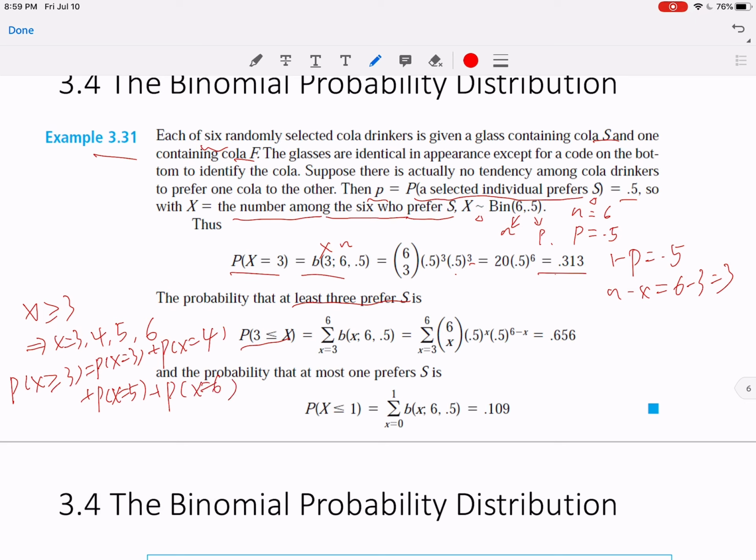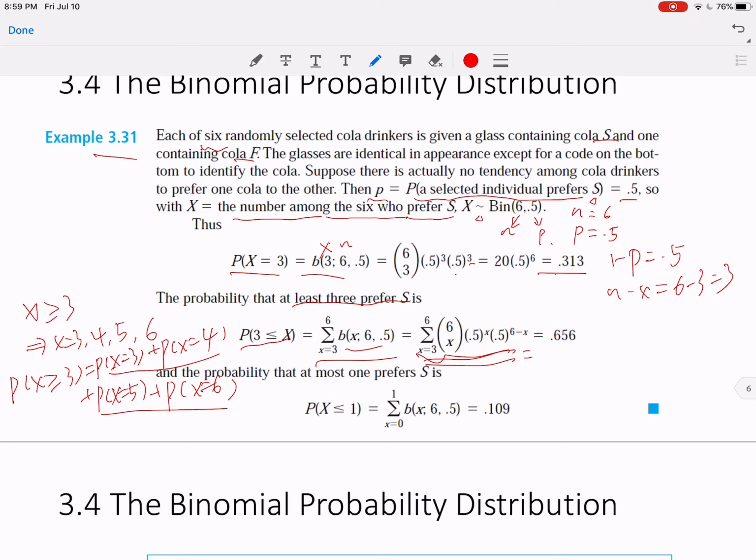And that's it, because the value of n is 6. Okay? And that's what we get over here: the summation from x equal to 3 to x equal to 6 of the PMF here. Once, of course, this form here is exactly the same thing as what I just put over here.